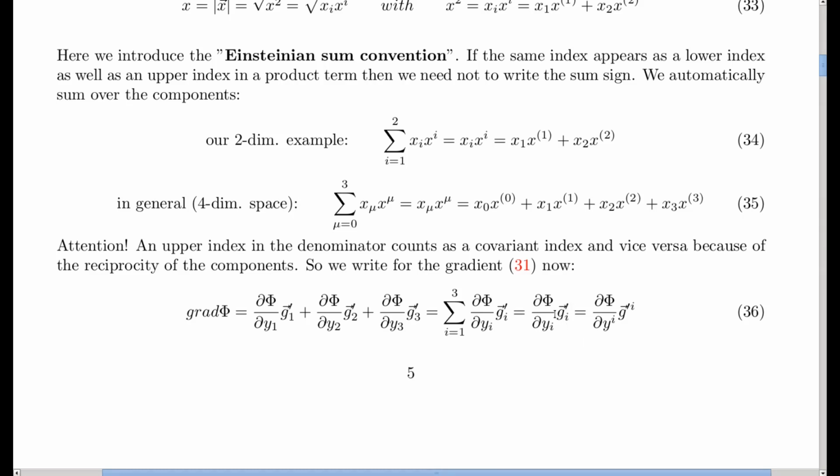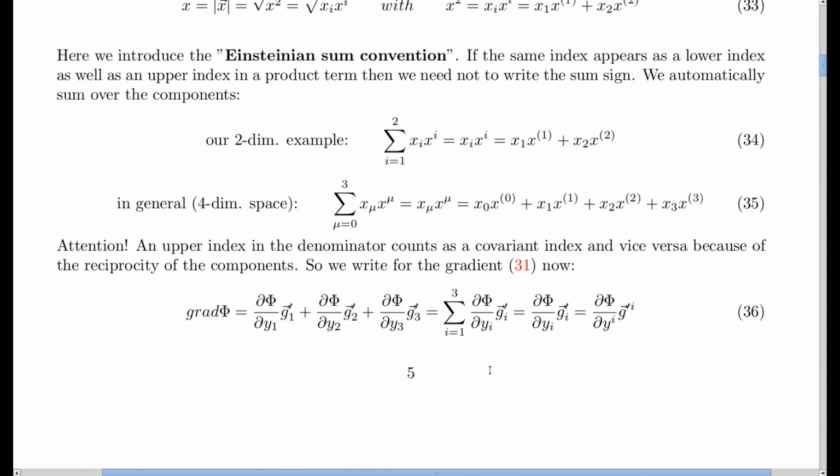Now we want to prove that expression 33 is correct, that the scalar product of the co- and contravariant vector is indeed the square of the length of a vector.